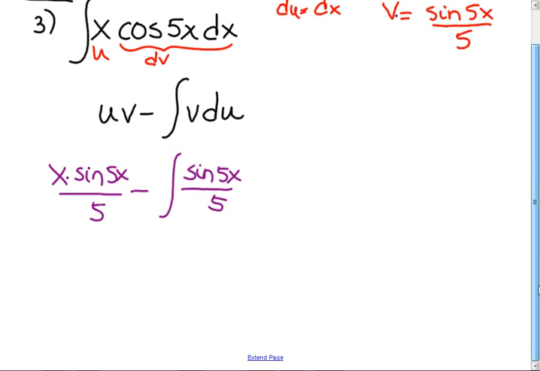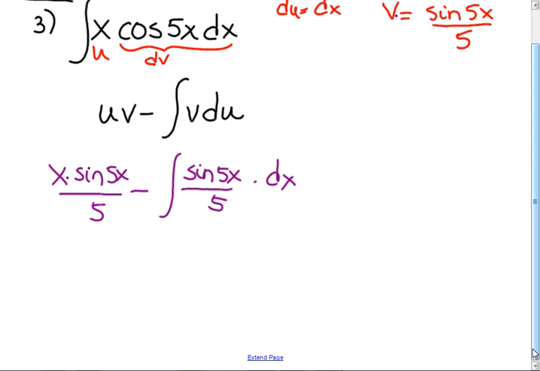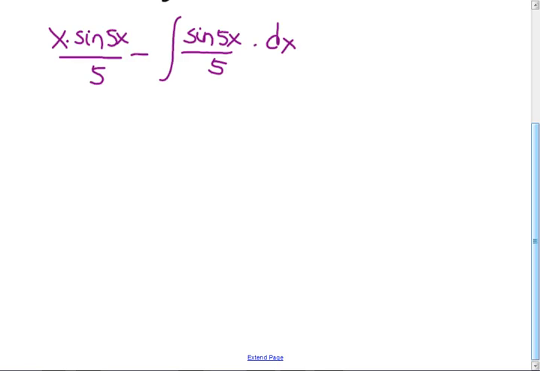There's no 2's here. So this is times dx. I'm going to pull the 1/5 out. So this is x times the sine of 5x. There's the product rule. That's all you're doing: it's the product of those two functions.